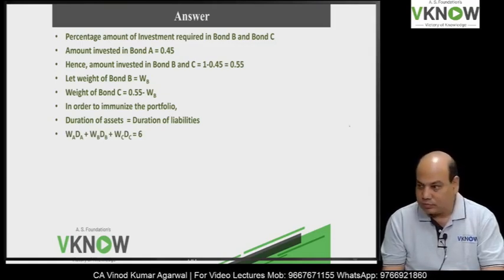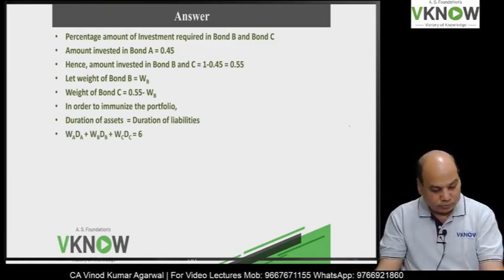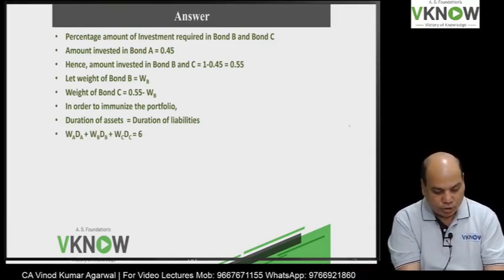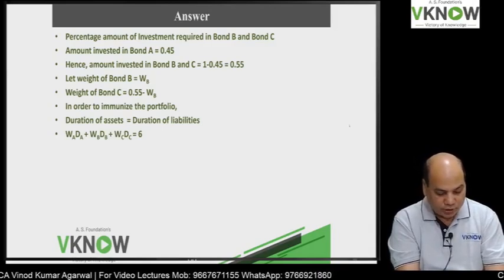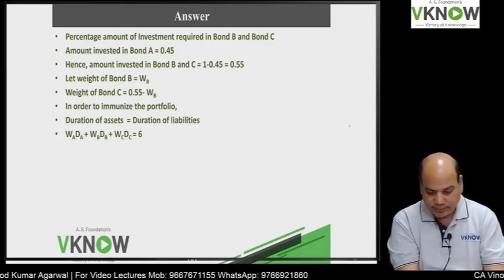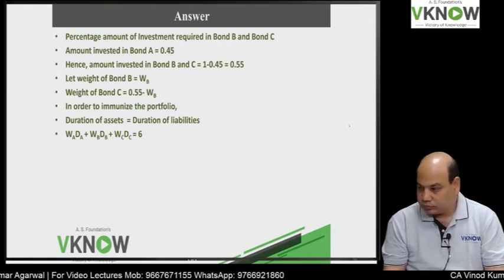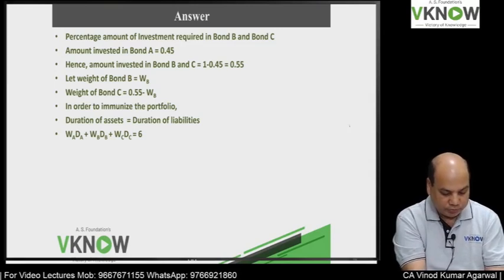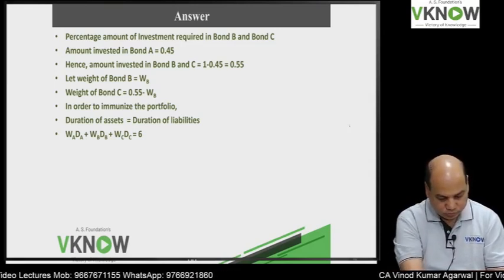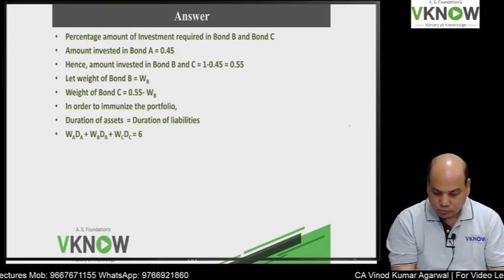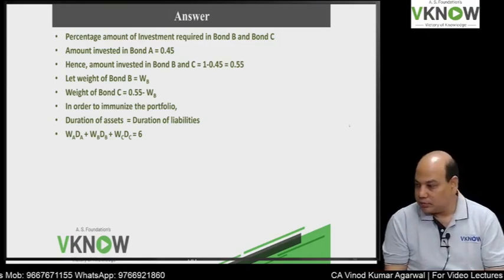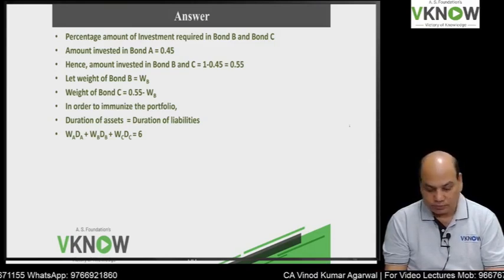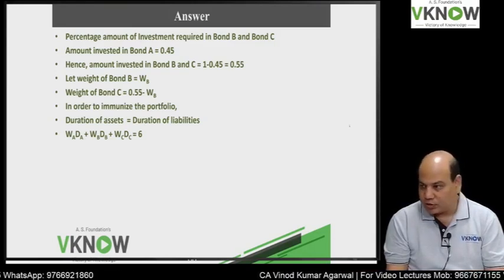Now write one equation. The equation will be WA into DA, where DA is the duration of bond A, plus WB into DB, plus WC into DC, is equal to 6.